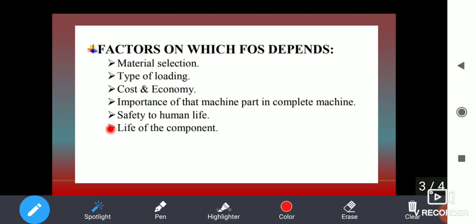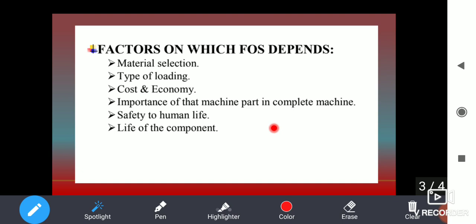So next one will be importance of that machine part in the complete machine. If you are designing any single part of the machine, we have to determine what is the significance of that particular part, like even screws, nuts, and bolts, as a part of the machine. We have to understand what kind of loading is acting on the screws, nuts, or bolts.